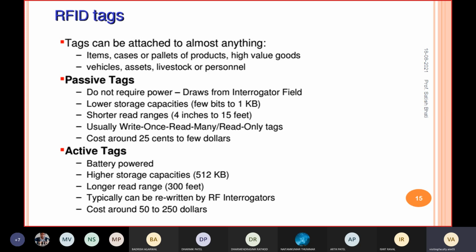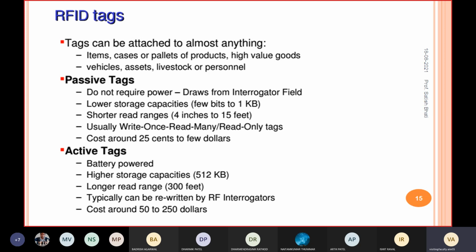It will draw the power from the interrogator field. Interrogator field means the reader field. This kind of tag will have lower storage capability, like some 1 KB. This passive tag has a memory of only 1 KB, so you can store data of only about 1 KB, right?